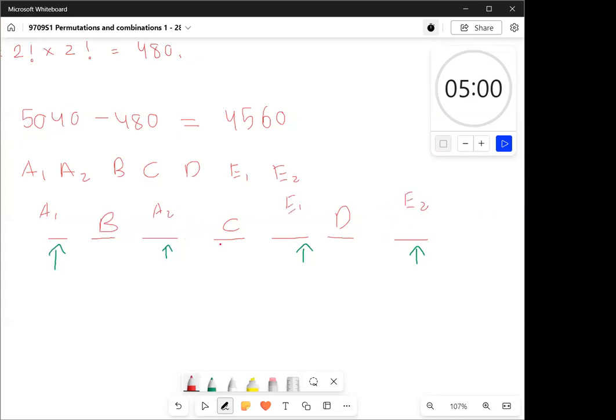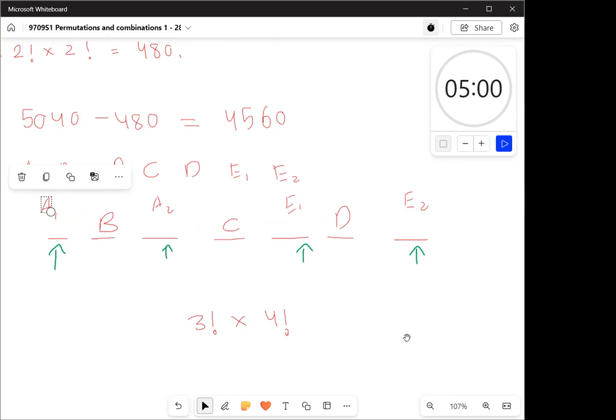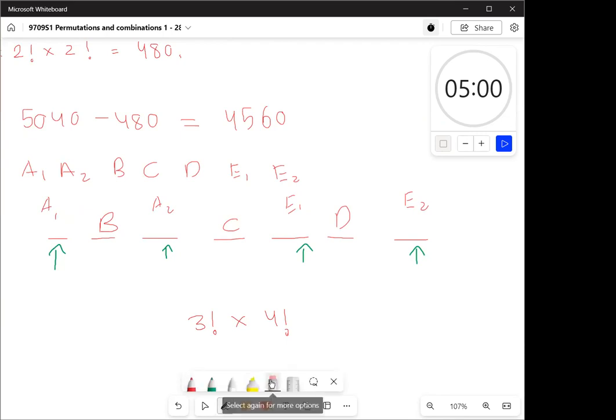Therefore, I would get 3 factorial into 4 factorial. How much is it? Is it the same or different? It's different. It's 144.